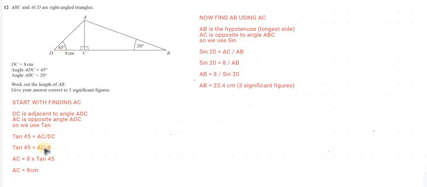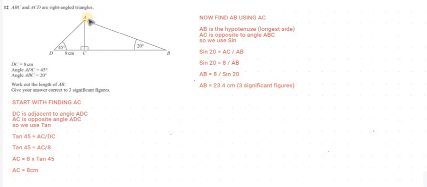So tan 45 is equal to AC over 8. So if we rearrange this, we get AC is equal to 8 times tan 45. How do we rearrange? 8 is at the bottom, so we multiply both sides by 8. And we get AC is equal to 8 centimeters.